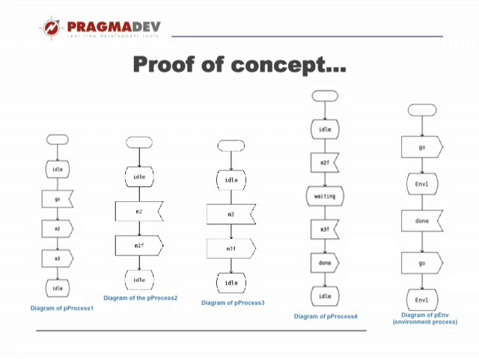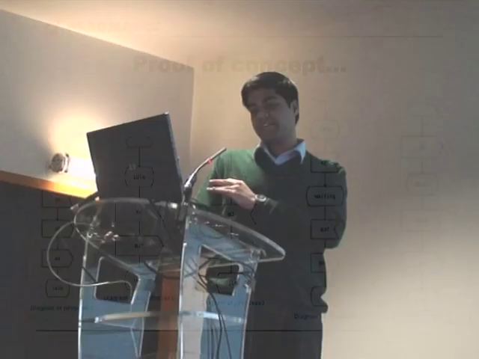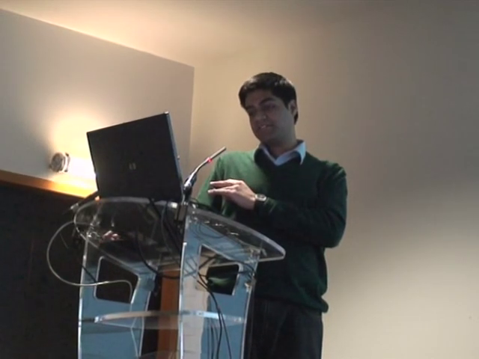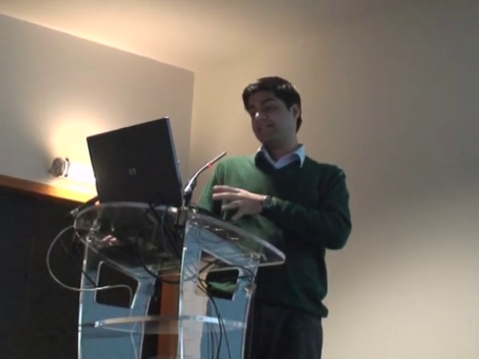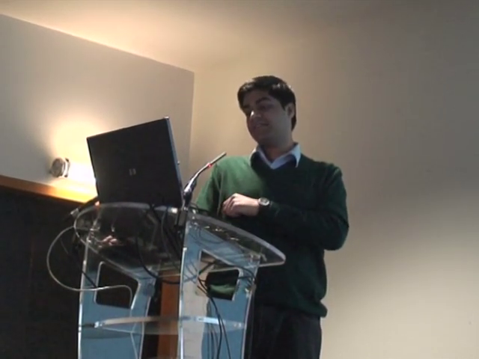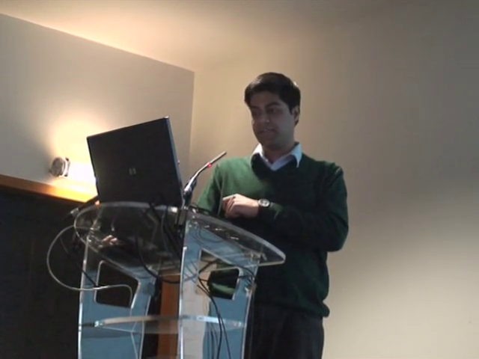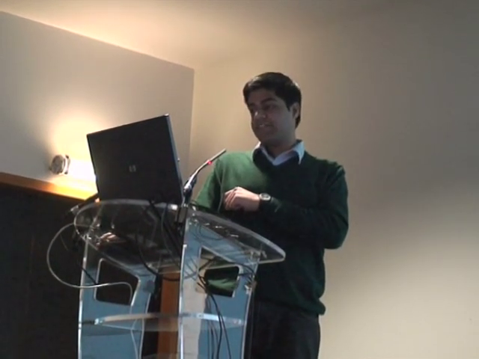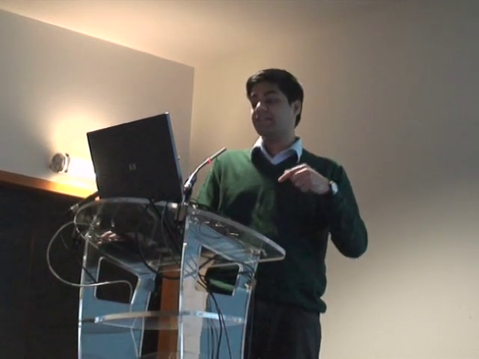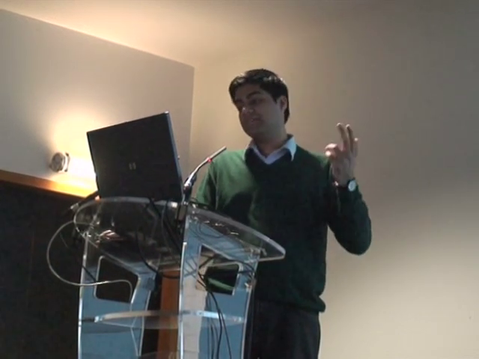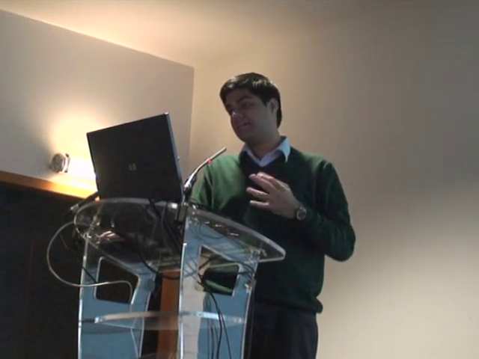So we have P1, P2, P3, P4, and then the environment process. You can see it's sending a go message, then it's receiving a go message and sending out two different messages. P2 is receiving M2 and sending out M2F. P3 is receiving M3 and sending out M3F. In P4 you have M2F, which goes to an intermediate state, and then M3F, and then it sends out. So if you receive these two messages in a different order, it doesn't work.